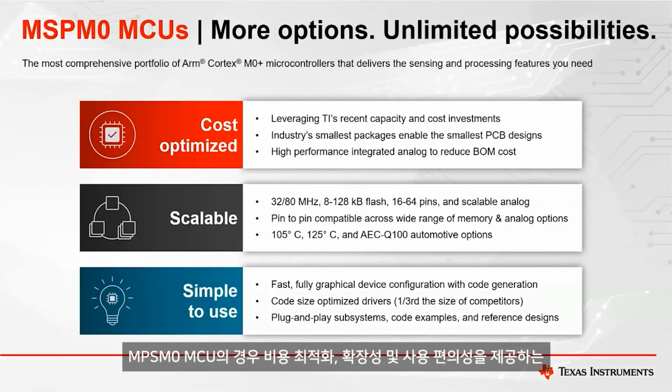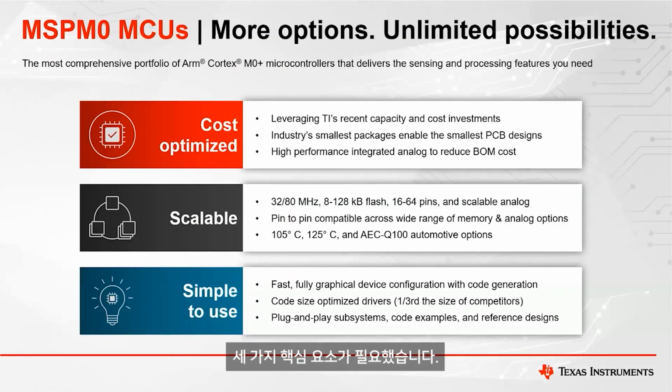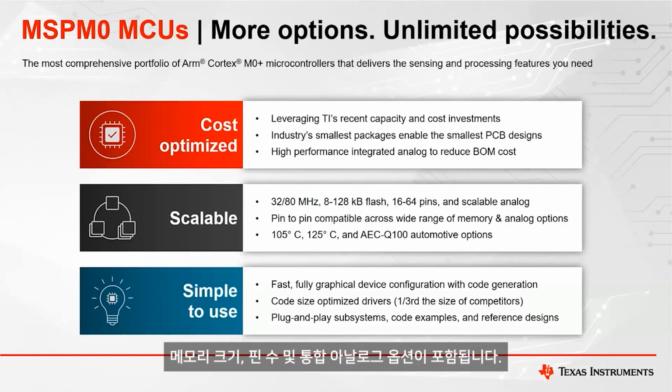Okay, so for our MSP-M0 MCUs, we really wanted to have three key pillars that showcase our portfolio, which is cost-optimized, scalability, and simple to use. So our devices include availability and variety of speeds, memory sizes, pin counts, and integrated analog options.